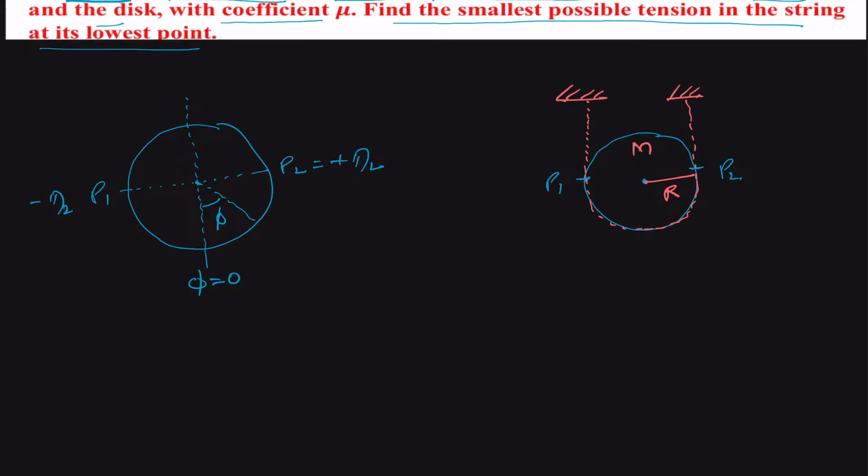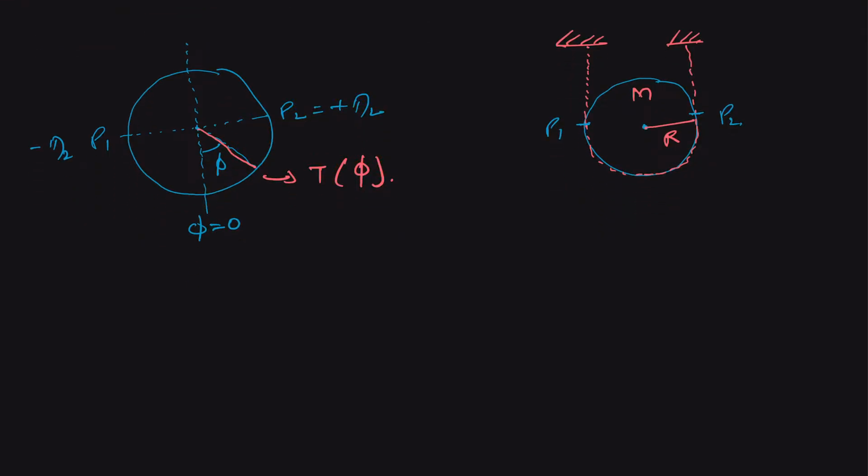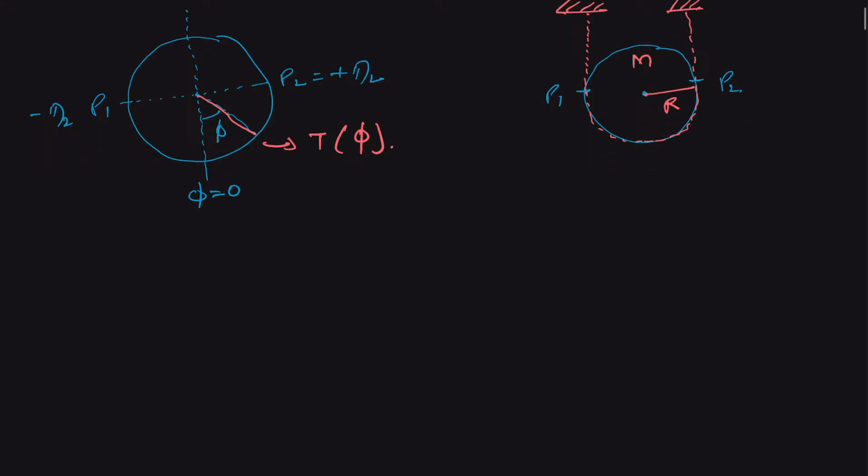Okay. And so when the angle is our phi at this particular instant, let us suppose the tension in the string is given as T of phi, because as phi is going to change, the tension in the string is also going to vary. Okay. And so here let us consider a small element, that is small element is of ds, and our center is of C. Okay.